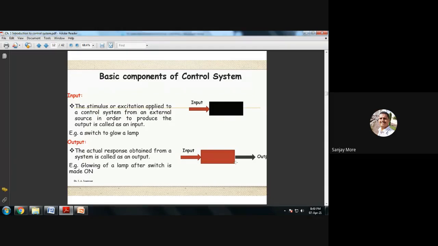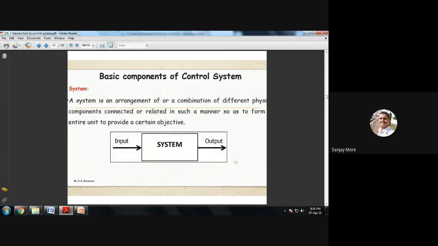Then output will be the airflow. You supply input 230 volt, 50 hertz to the fan, means system. The fan rotates and output will be the airflow. So basic components of control system are input, output, and system.